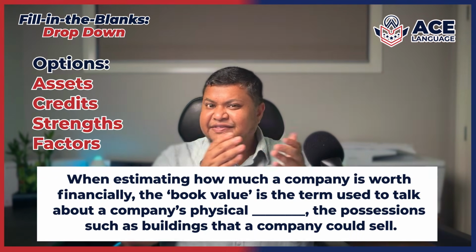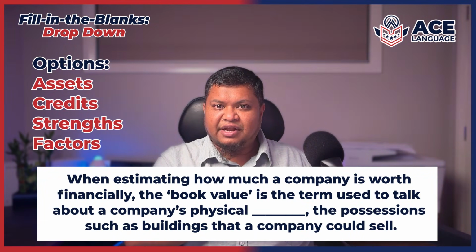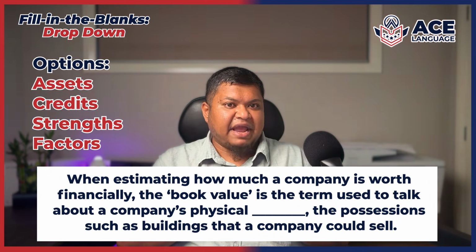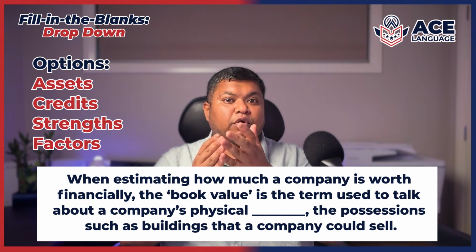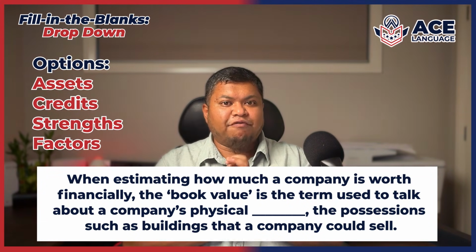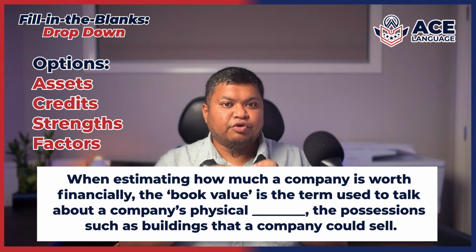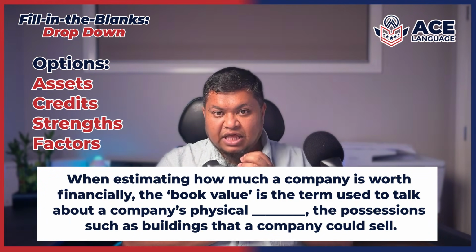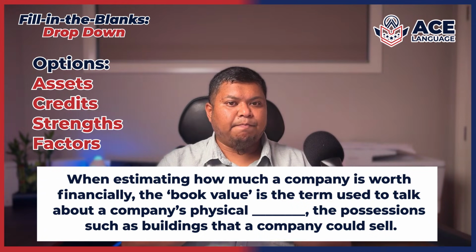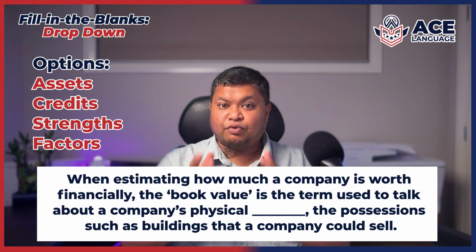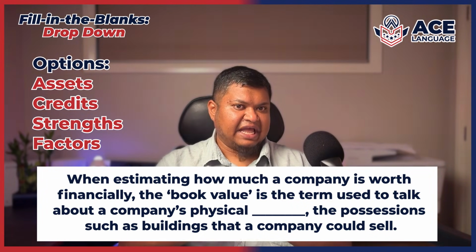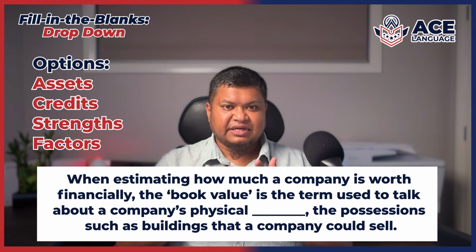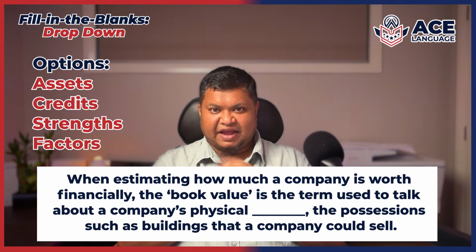If we take the same example we used earlier: when estimating how much a company is worth financially, the book value is the term used to talk about a company's physical dash. The possessions such as buildings that a company could sell. Options: assets, credits, strengths, and factors.